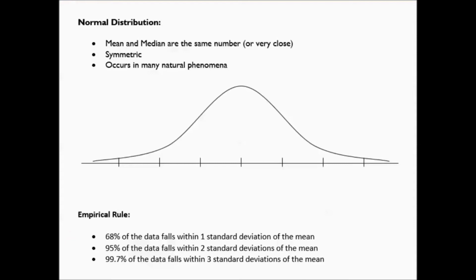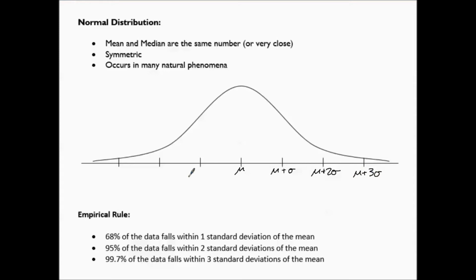So, when we are looking at a picture like this, whatever number is your mean will be in the middle. And then we are counting by standard deviations. So this next line would be the mean plus 1 standard deviation. The next one would be the mean plus 2 standard deviations, and the next one would be the mean plus 3 standard deviations.